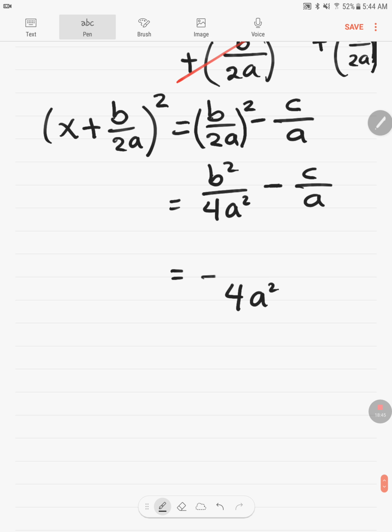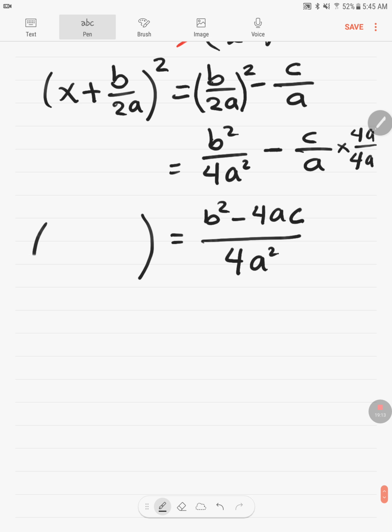Now our common denominator is actually 4a squared. To make this side into 4a squared, we multiply by 4a divided by 4a. So what we get is 4a squared as a common denominator, b squared minus 4ac.